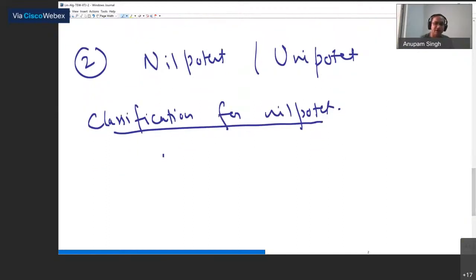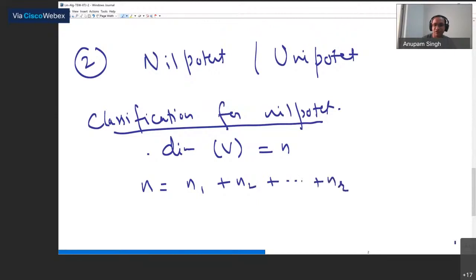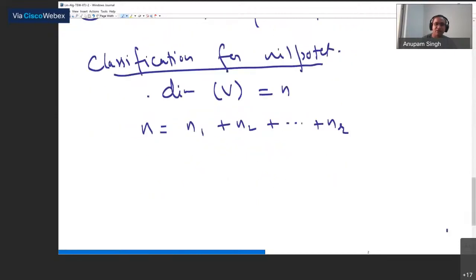So I will write it in a slightly different way. So suppose the dimension of my vector space is n. Then you write down a partition of n. n is, let's say, n1 plus n2 plus up to nr. Then I have a nilpotent matrix corresponding to this partition.